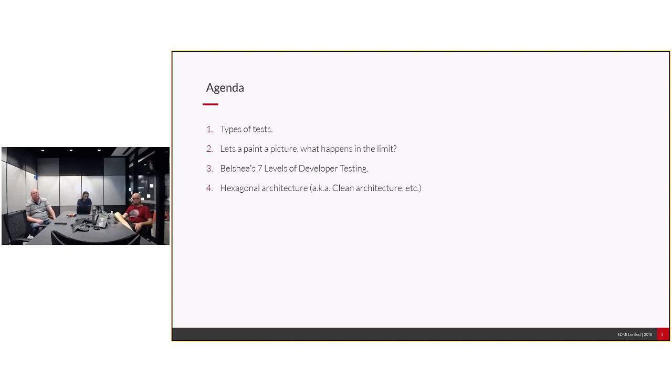We will look at a sample architecture that supports TDD, that supports developer testing, and we'll see what the benefits of that are. It's just to show that it is possible, for example, to write a fair bit of code with no mocks. We will look at some high-level decoupling techniques.